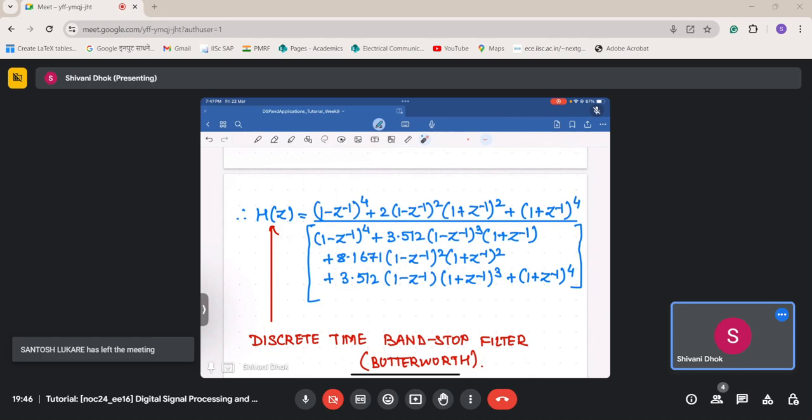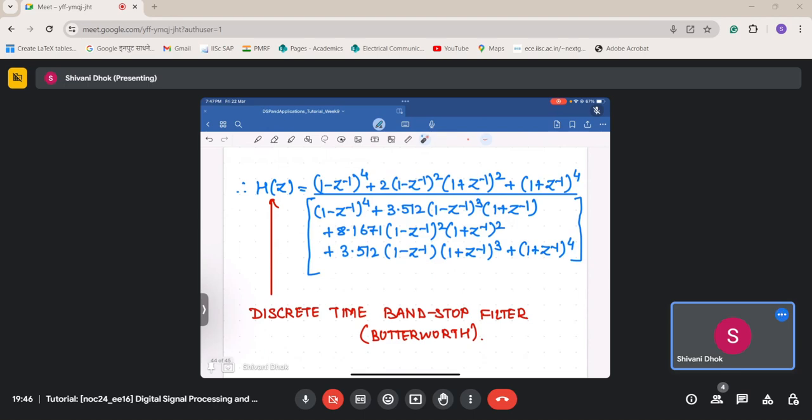And if we do that, we'll have the transfer function or Z transform of or system function for this particular discrete time bandstop filter for Butterworth filter.